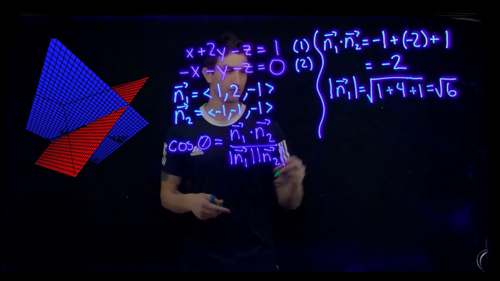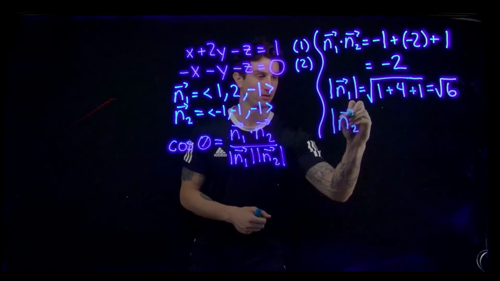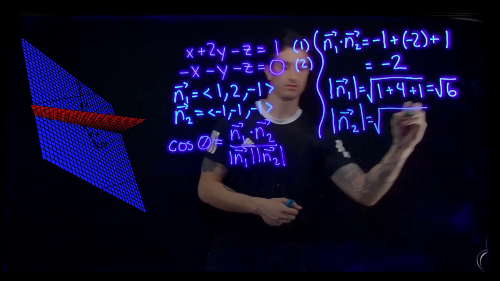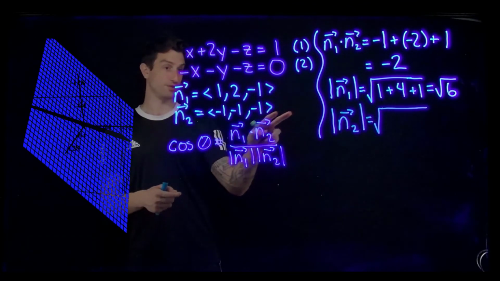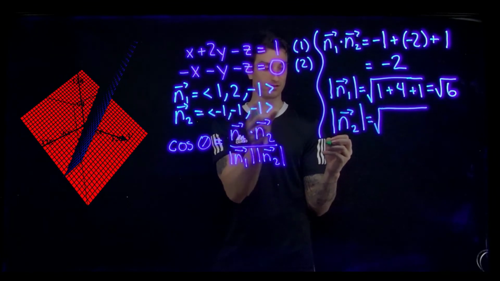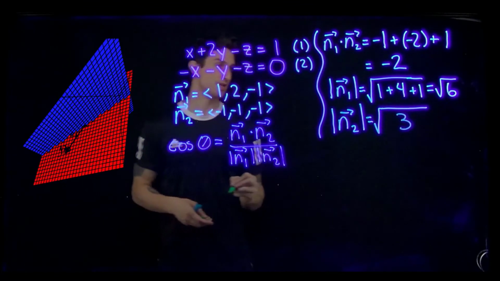And we will do n2 the same exact way. What do we have? All ones across the board, so -1 squared plus a bunch of ones, so this is just going to be root 3.